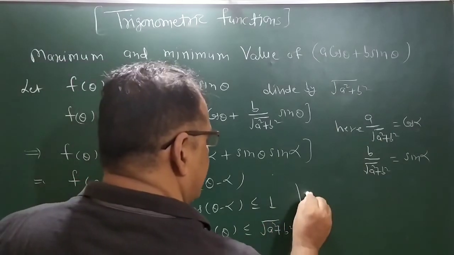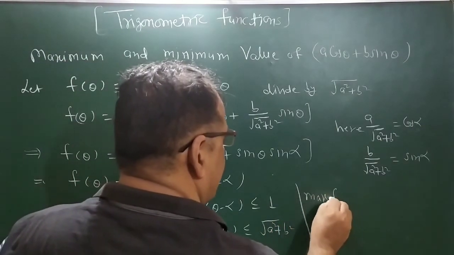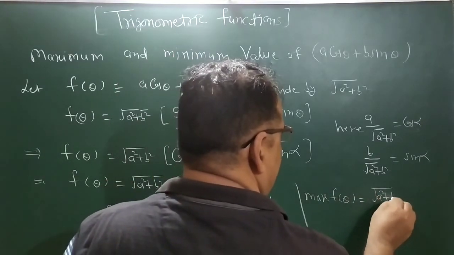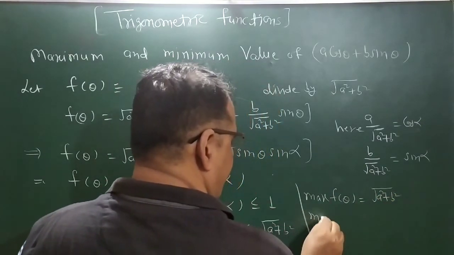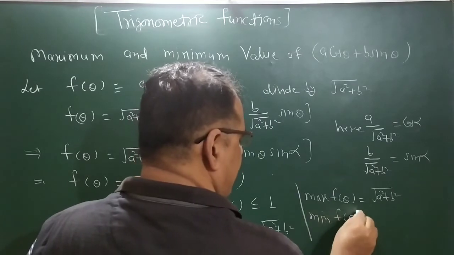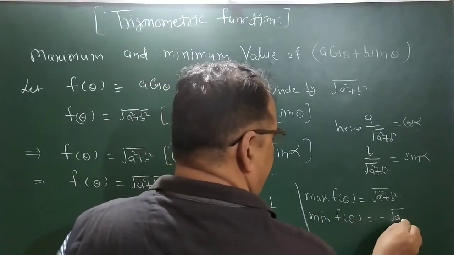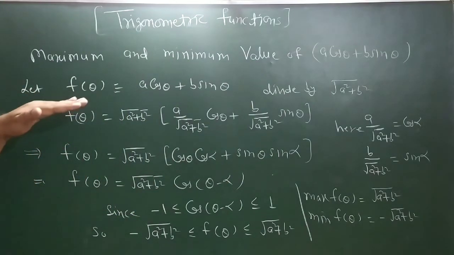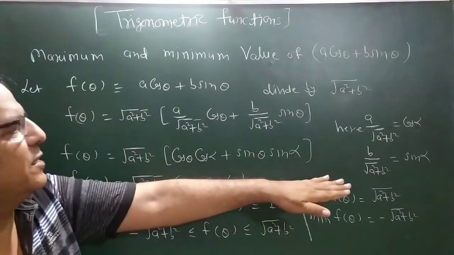So the maximum of f theta is under root of a square plus b square and the minimum of f theta is minus under root of a square plus b square.